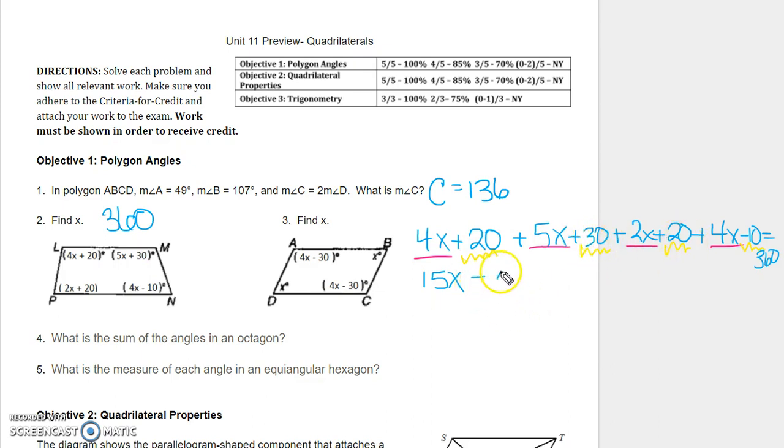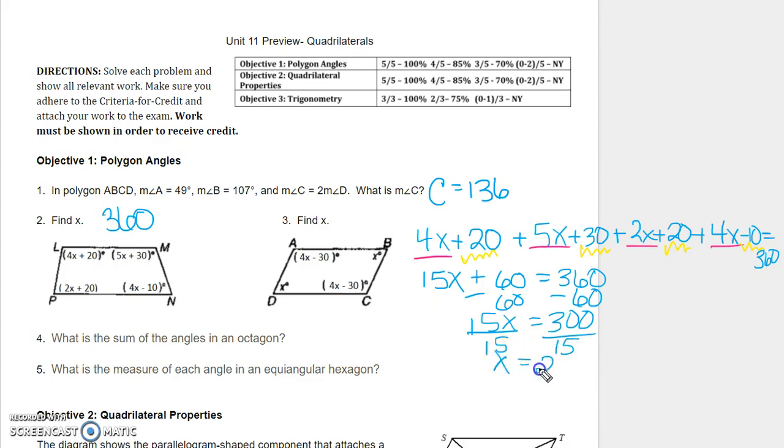And now I'm subtracting 10. That gives me plus 60 equals 360 degrees. Then I'm going to subtract 60 from both sides. 15x is equal to 300. And I'm going to divide by 15. And x is going to equal 20. So x is equal to 20. I'm going to pause to erase my screen.